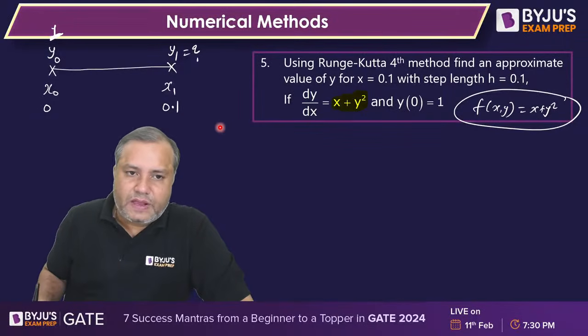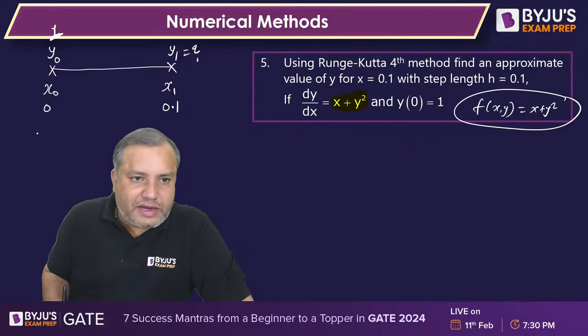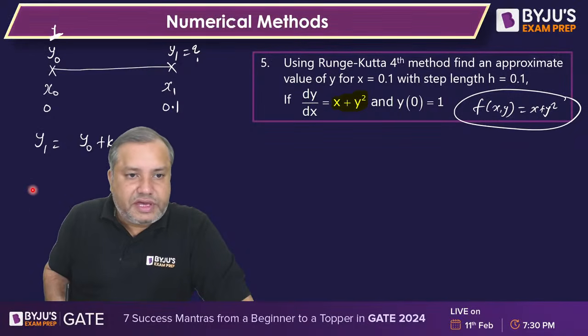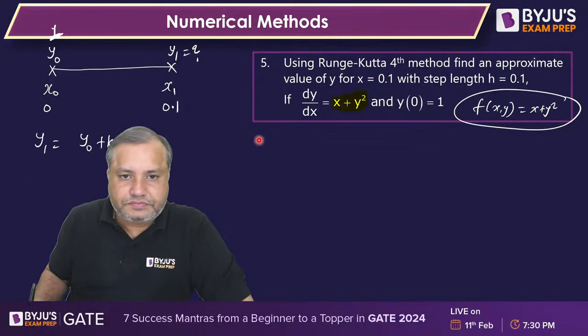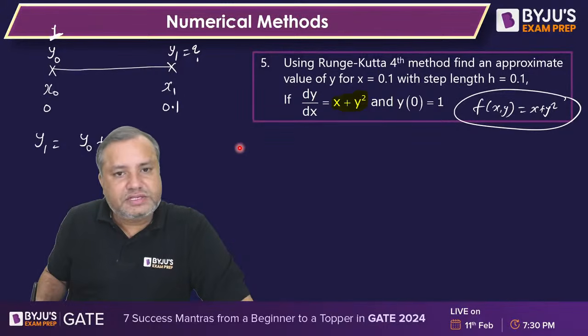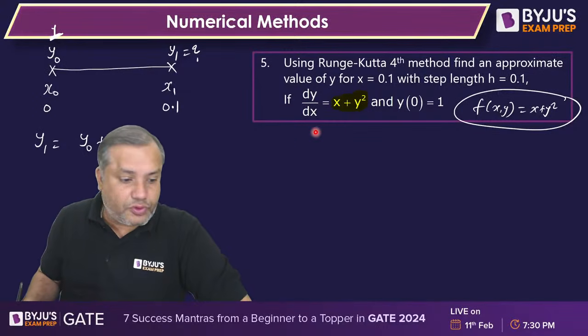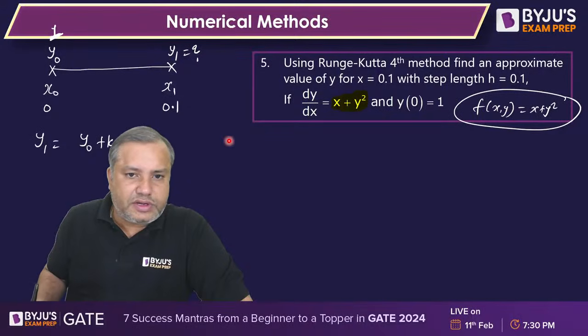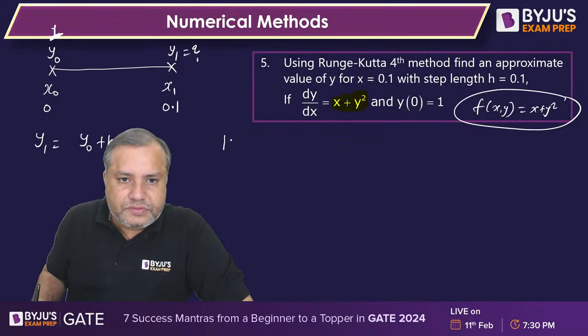We need to find y1. y1 will be y naught plus k, where k is 1 by 6 times k1 plus 2k2 plus 2k3 plus k4. So let us first find k1. K1 is h f of x naught, y naught.